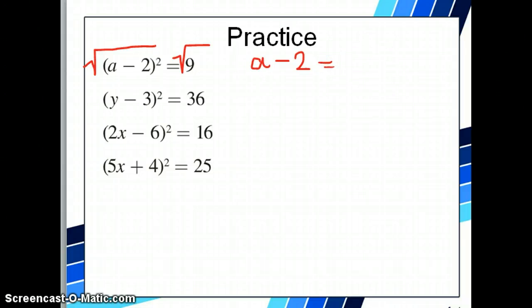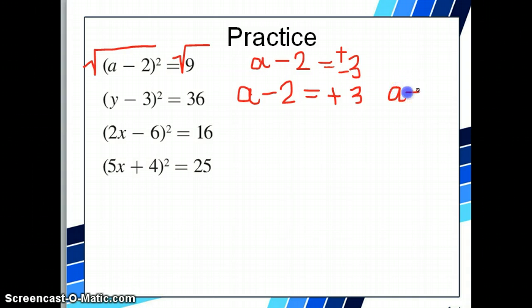On the right, then, we are left with a 3. From there, we have to make sure that we take that positive or negative 3. So what I actually have is a minus 2 equals a positive 3, or I have a minus 2 equals a negative 3.